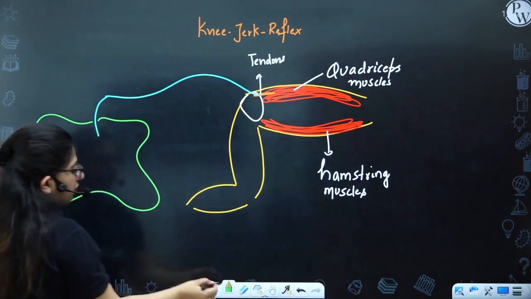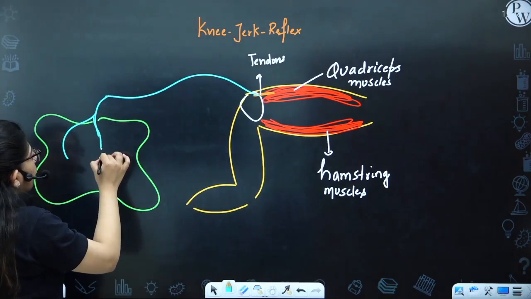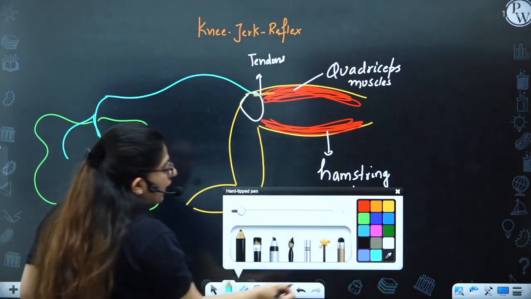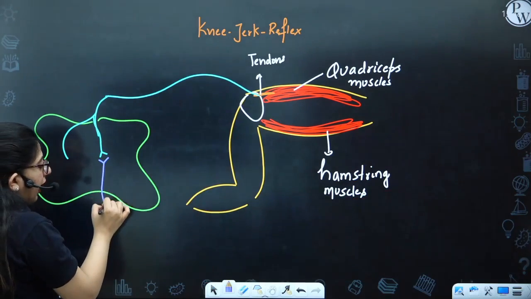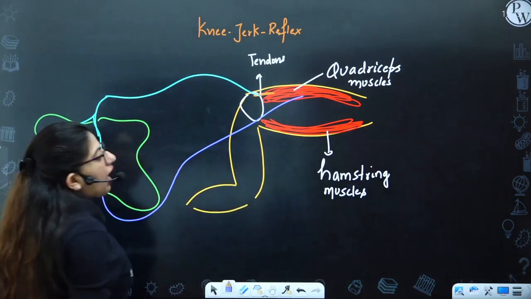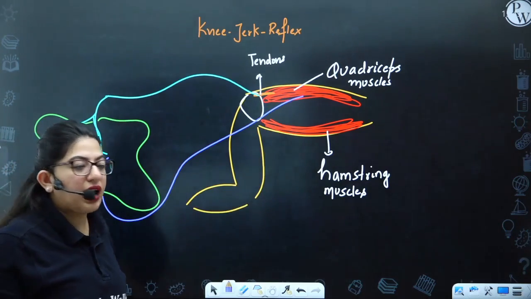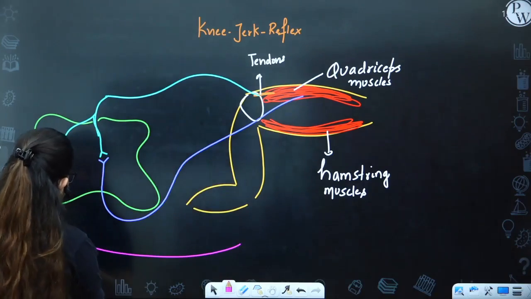In the central nervous system, your sensory neuron will form a synapse with the motor neuron, and this motor neuron will go to the quadriceps muscle and ask the quadriceps muscle to contract so that this leg moves in this direction.